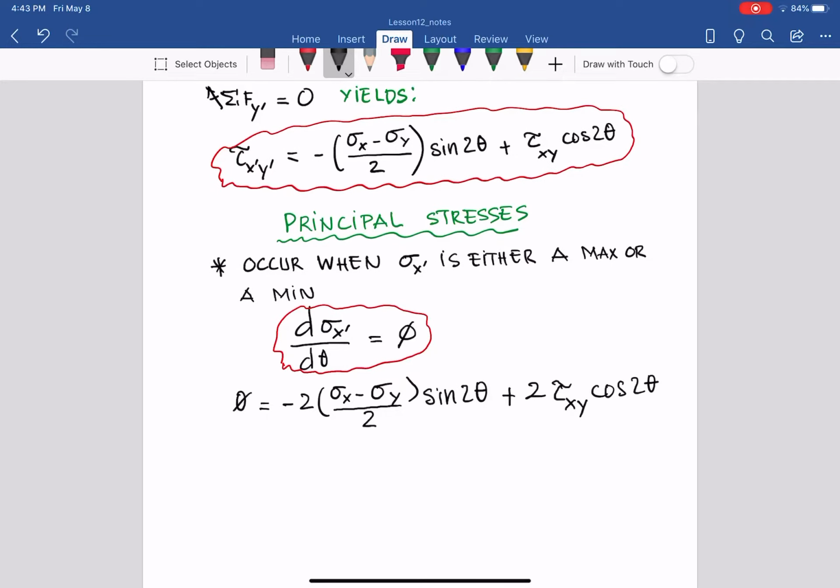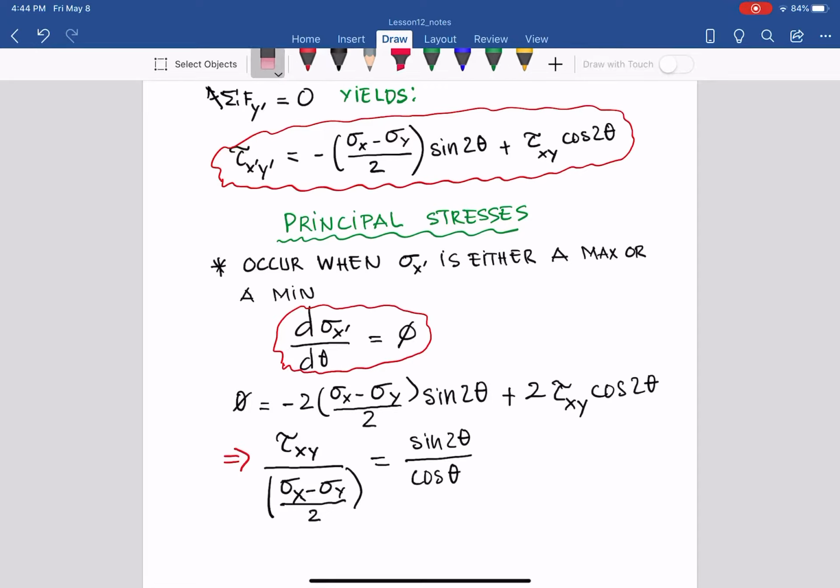So we can divide, and we have tau xy over sigma x minus sigma y over 2 is equal to sine 2 theta over cosine 2 theta, from the above equation.